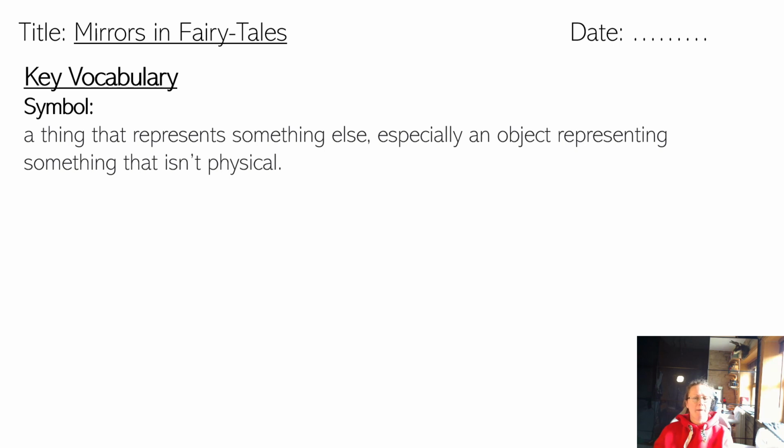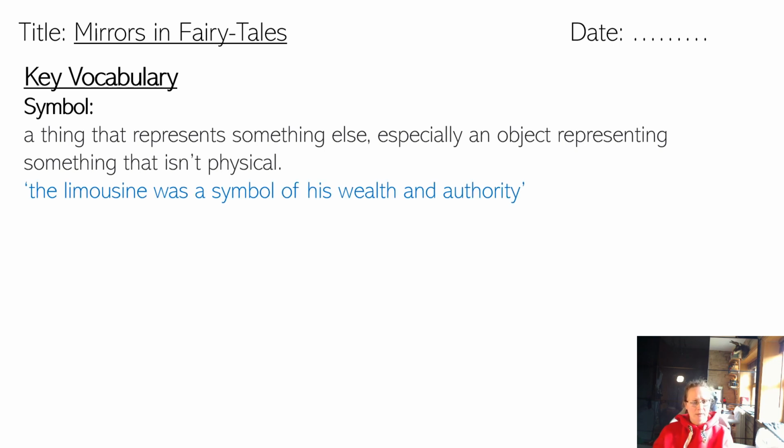Okay, here we are. So I want you to write this definition in your book or your Word document, whatever it is you're writing on. It's a thing that represents something else, especially an object representing something that isn't physical. And if you sat there thinking, I don't know what that means, I have an example for you underneath.